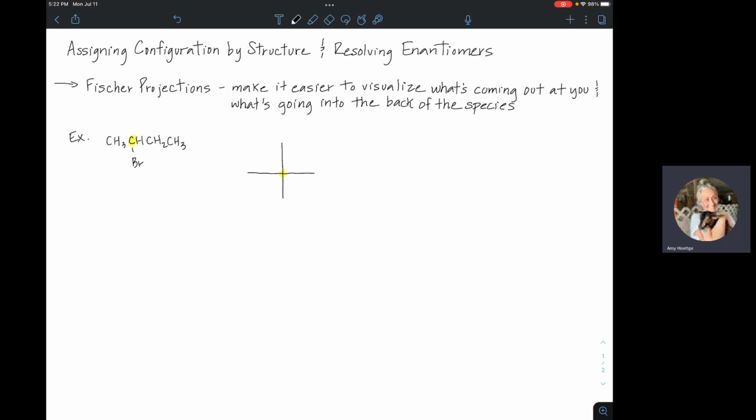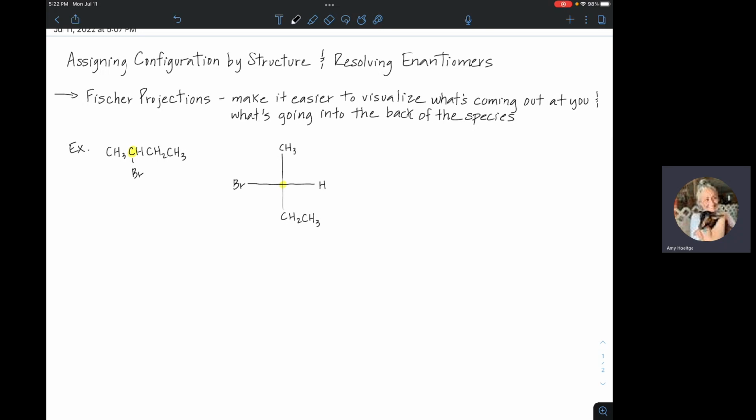And so what that really means is the methyl group to the left is the lower numbered carbon, right? So we're going to put that at the top of the cross. And at the bottom is going to be the other end of the molecule. So the ethyl group goes down here. Now you can put the hydrogen and the bromine on either side. It's no big deal. Pick whichever you want to start.